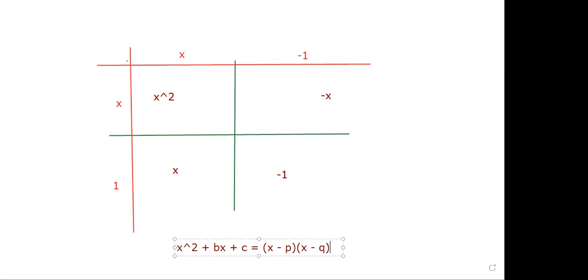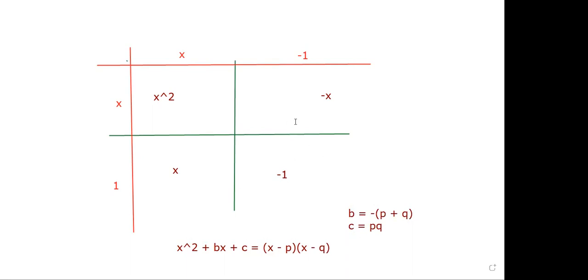So you see, this automatically means that B is nothing but negative of P plus Q, and C is nothing but P times Q, right?